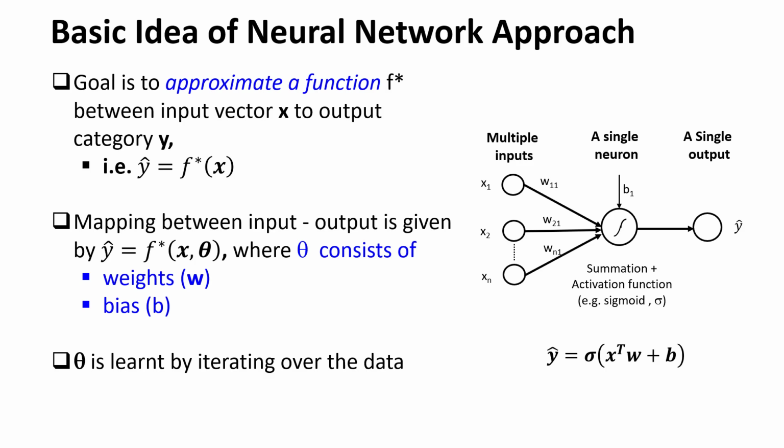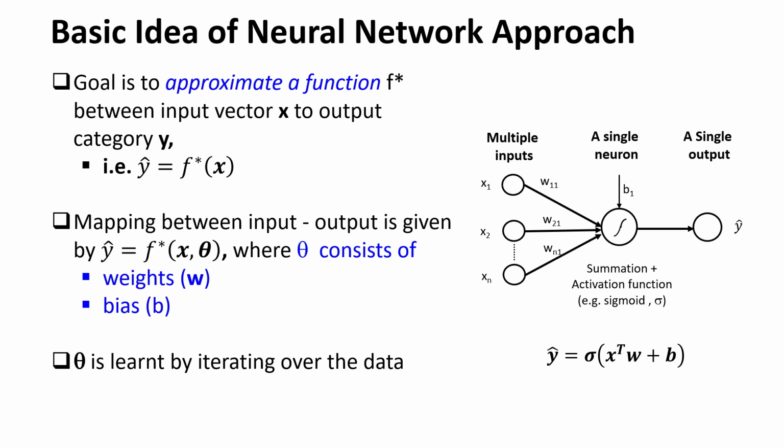So let's go. The basic idea of the neural network approach is to approximate a function f star between input vector x and output category y. That is, y hat is f star of x.